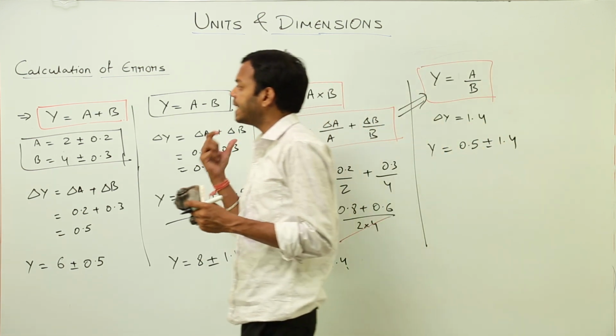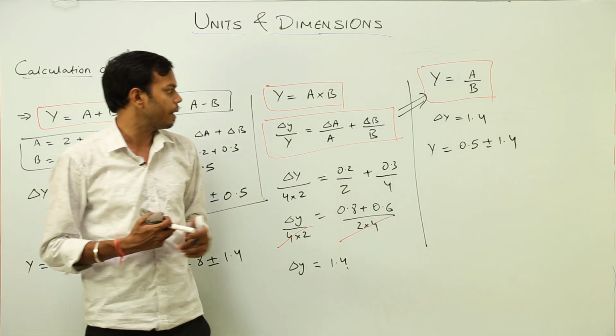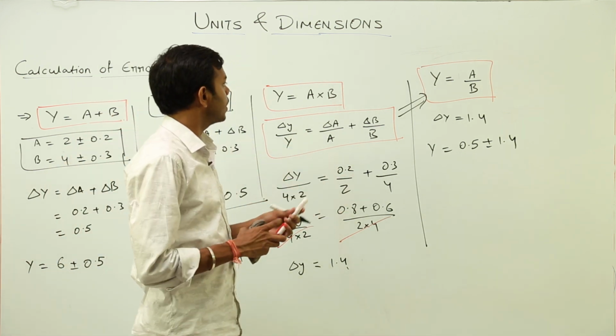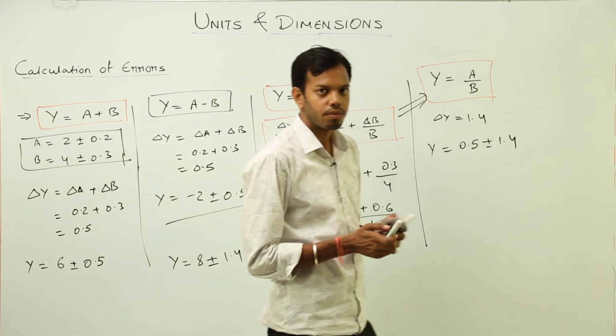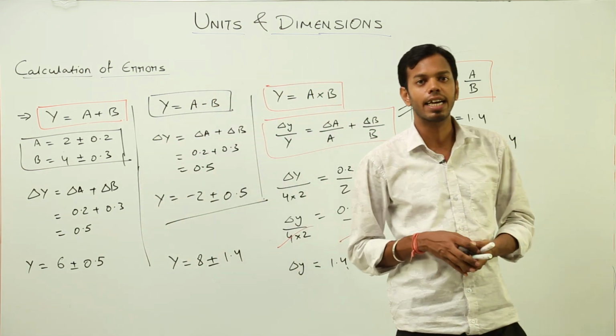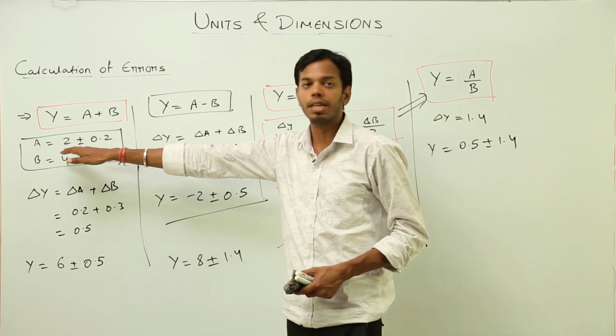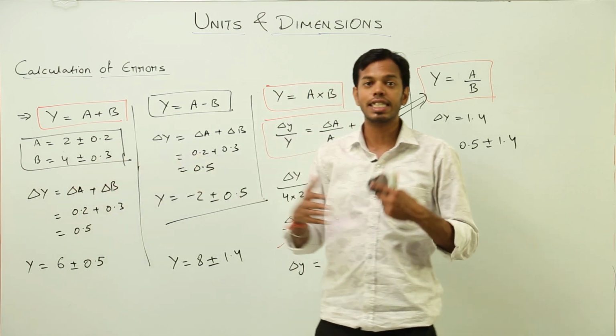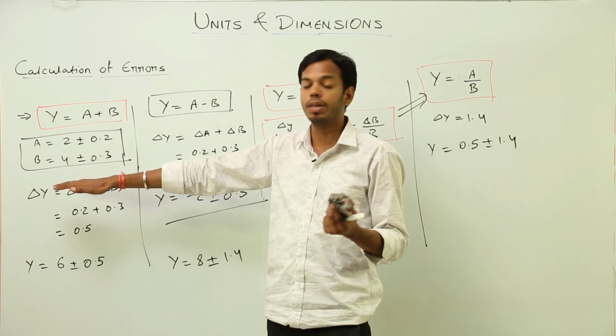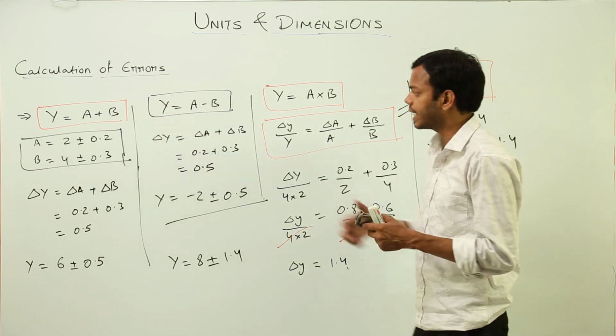Now I'll supplement these equations with some powers. For example, these are very simple equations. Let's take the area of a rectangle. You have been given the length and breadth of a rectangle in this format. Length is 2 centimeter plus minus 0.2, breadth is 4 centimeter plus minus 0.3. Actually I said it vice versa because length is always supposed to be longer than the breadth, but let's take it this way.